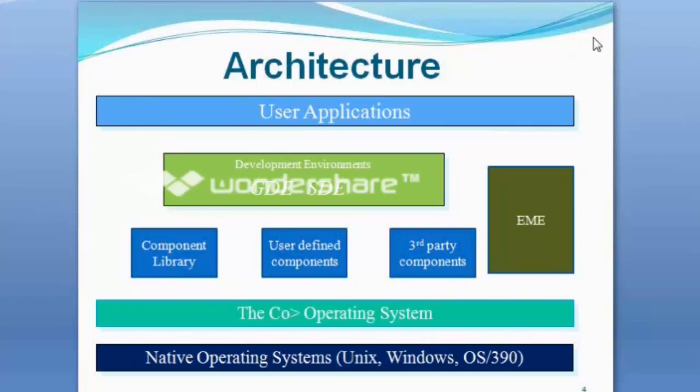It is the heart of our Ab initio architecture, and it unites all your Ab initio products and manages the resources, disk consumption, memory consumption, etc. Your component library holds all your available Ab initio components for graphs as well as plans, and EME, the Enterprise Meta Environment, is your technical repository for managing your source code and version control. EME holds all your business as well as technical metadata.